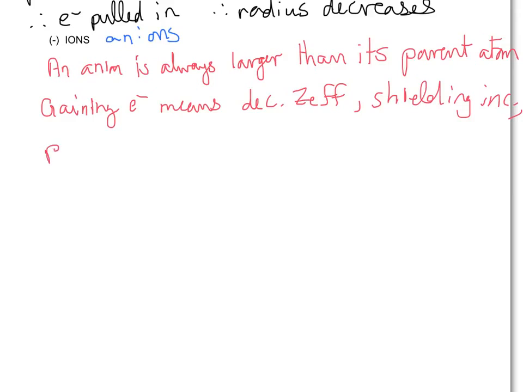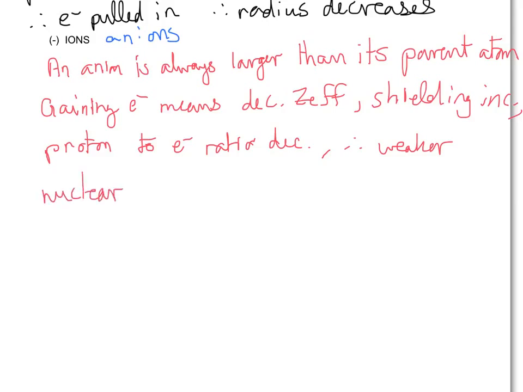Your proton to electron ratio decreases because now you have more electrons, so you don't have as many pluses compared to the electrons to pull them in, and so you have weaker nuclear attraction.